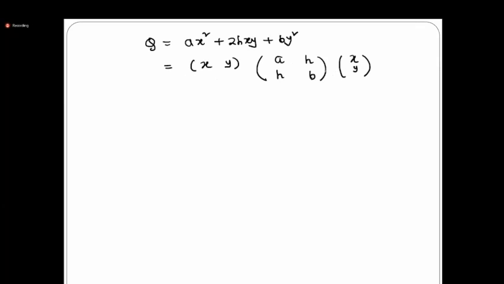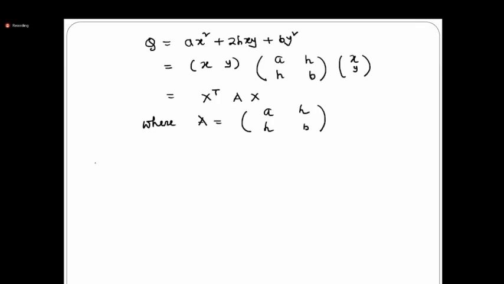If you multiply these three, you are going to get this. That means this one is the same as x transpose A x. Is it okay? Yes, sir. Where A is the matrix [a h; h b].